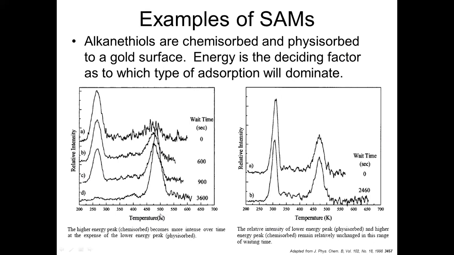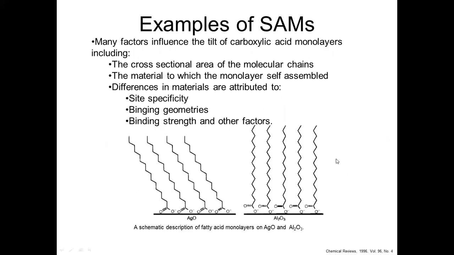So this is at degrees Kelvin. Many factors influence the tilt of the carboxylic acid monolayers on surfaces. So if we take a look at this, we have a carboxylic acid interface right here, and what we're looking at is the bonding forces on the surface.